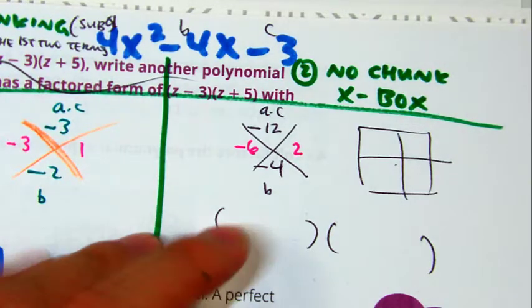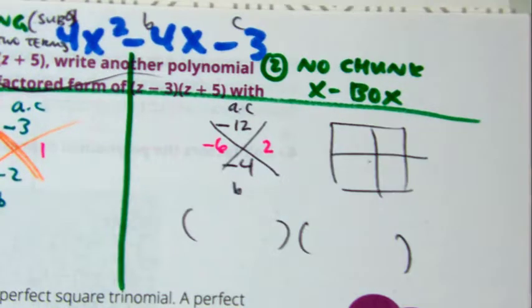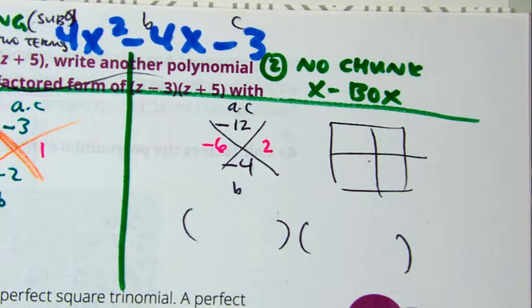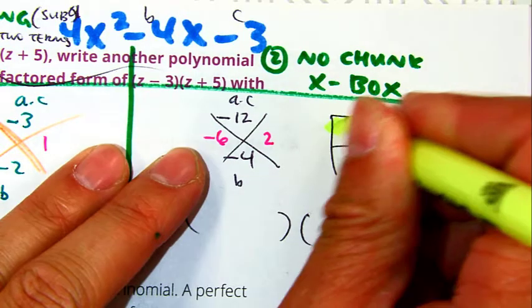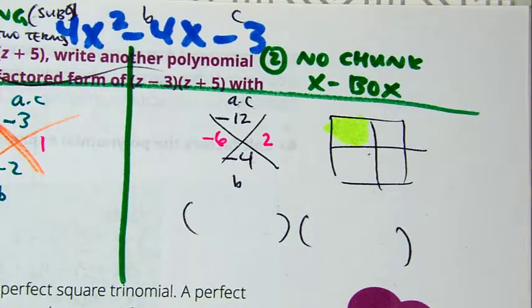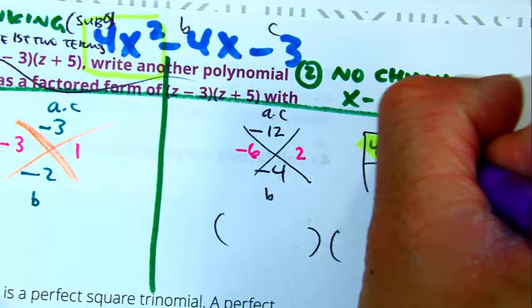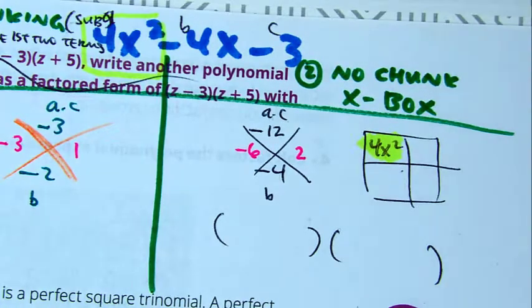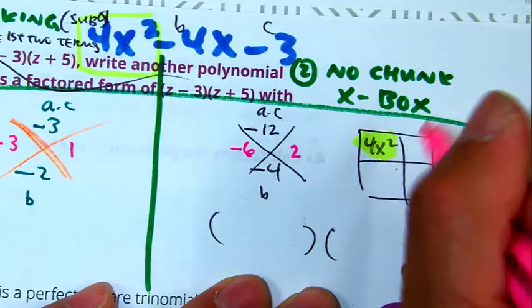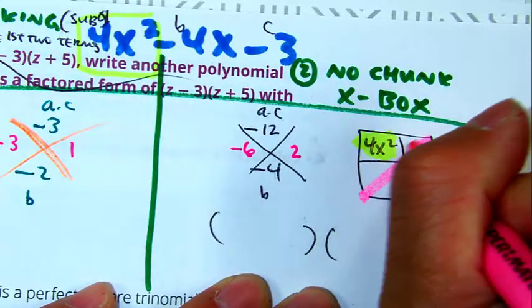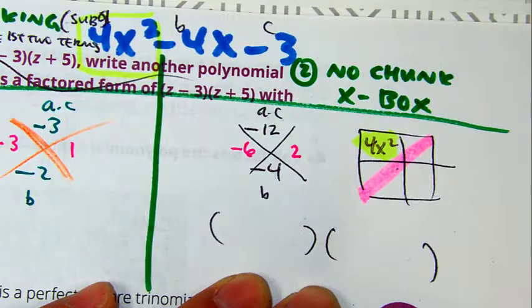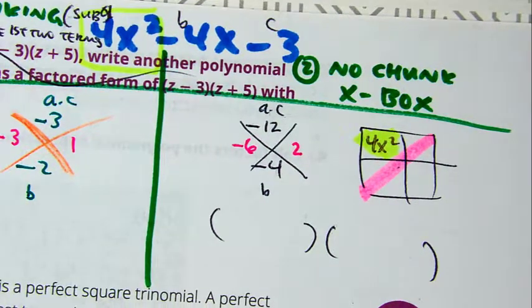Let's pretend you've never seen this before, so let's review it again. Nathan, what always goes into the top left of the box? Yeah. So in this case, that'll be the 4x squared. So let's write that. Nathan, what always goes in pink here? Correct. These two values.